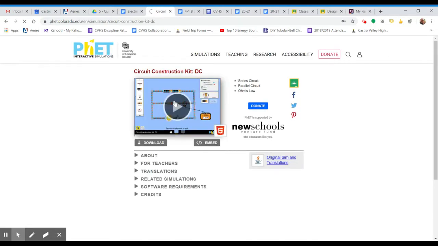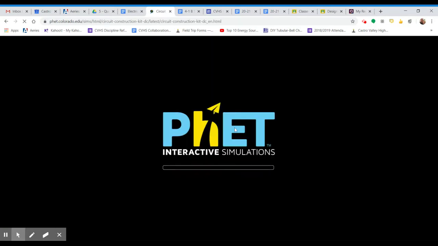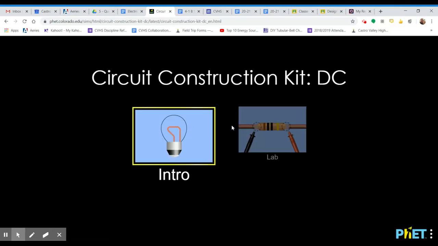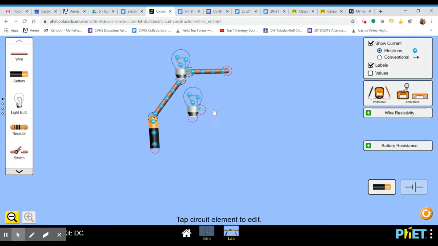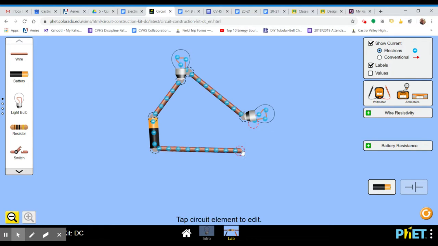So a series circuit has a battery, wire, and the light bulbs are connected one after the other like this. So if you notice in a series, there's only one loop or one circle.